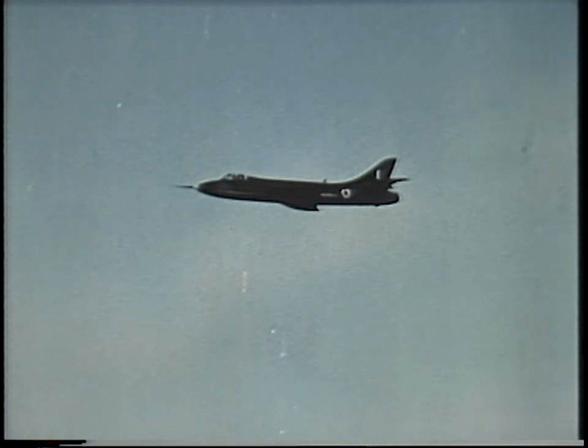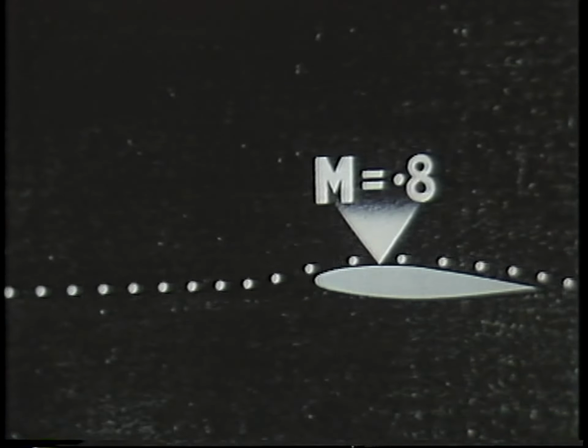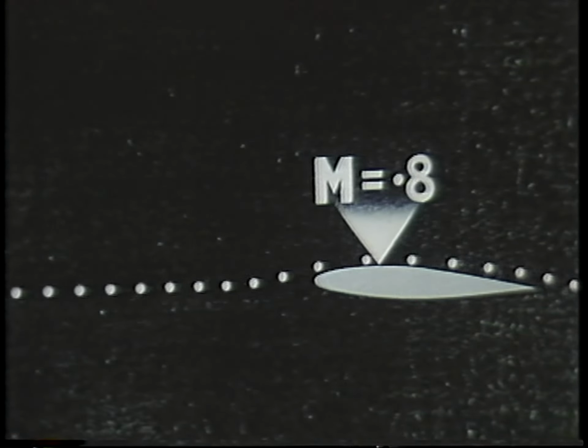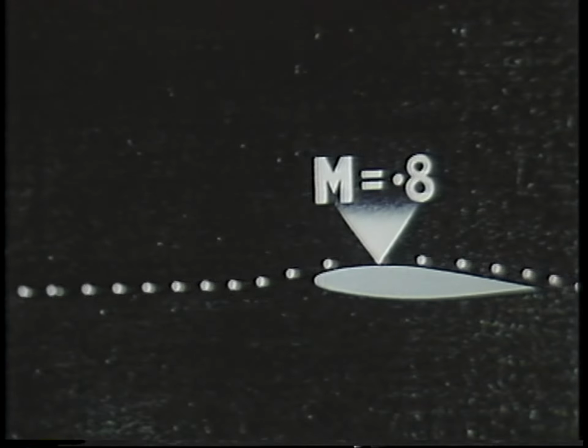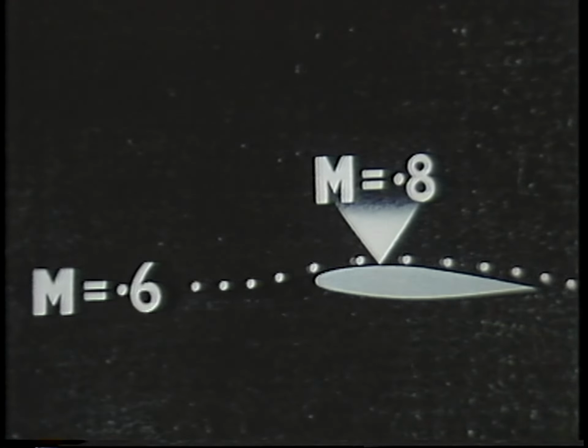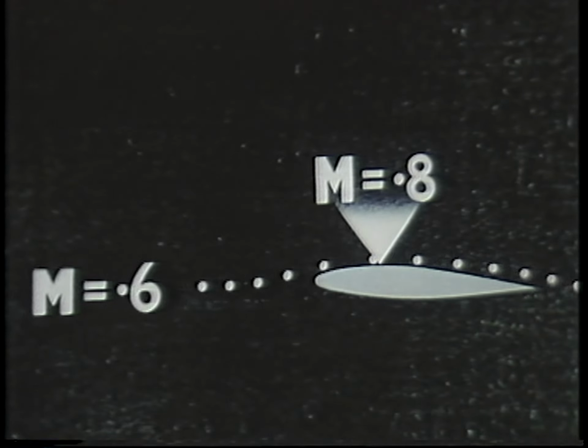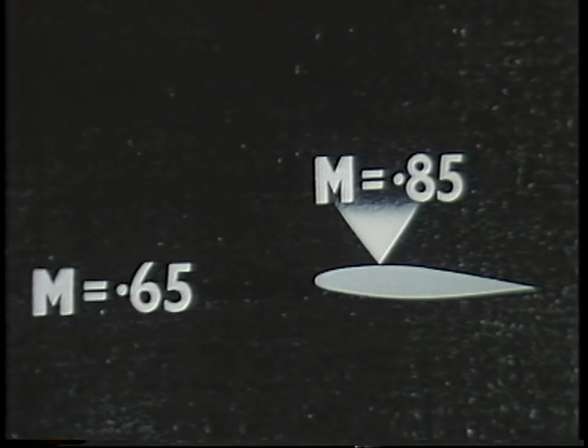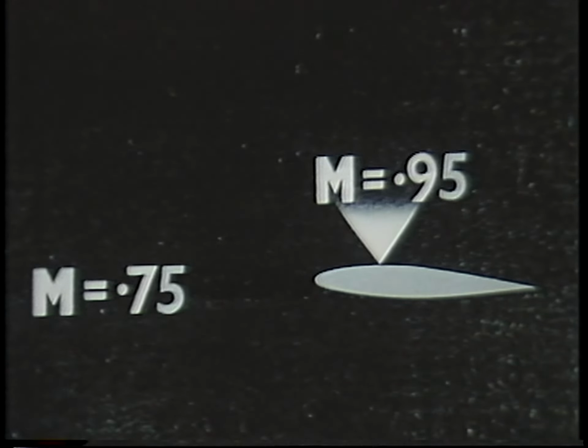What actually happens to the air and the aircraft when approaching the speed of sound? The airflow speeds up as it passes over the wing and reaches its maximum speed at a certain point on the wing. So the Mach number of the air at this point is greater than that of the aircraft as a whole. As the aircraft's speed increases, so does the local Mach number at this point on the wing.